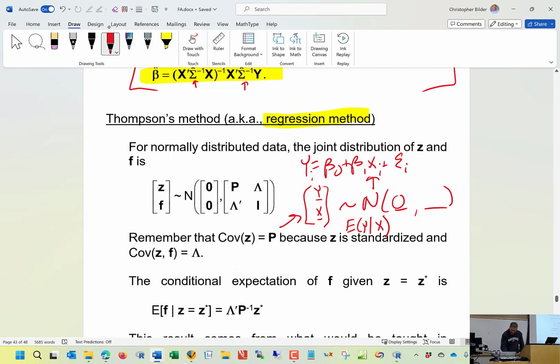So in the context of what we're doing here, let's put all the z's and all the corresponding f's into a vector. This part here is m by 1. This part here is p by 1.